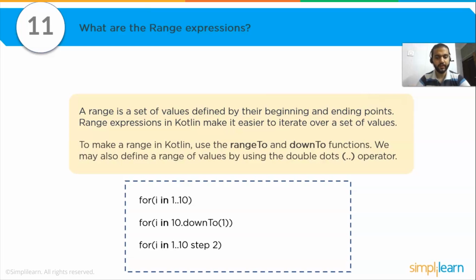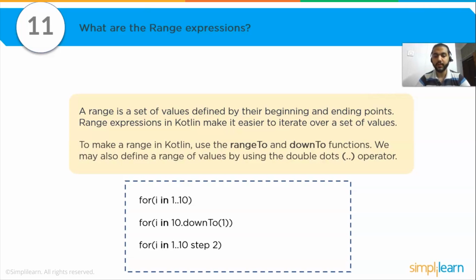We may also define a range of values by using the double dots operator. As we can see in the example, for i in 1..10 will print all the elements from 1 to 10. And for i in 10 down to 1 will print all the elements from 10 to 1 in descending order.